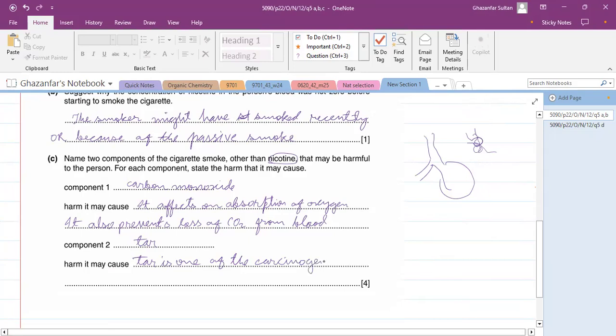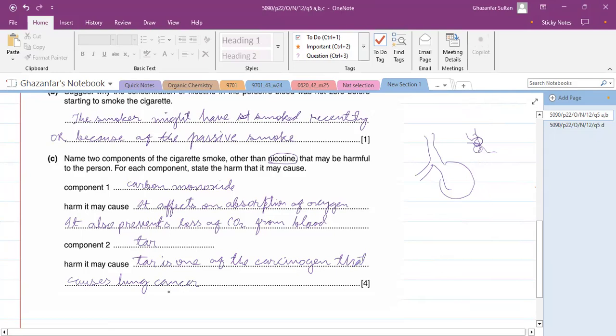It is a chemical that causes cancer, and especially here, lung cancer. So it is one of the reasons that we should avoid smoking.